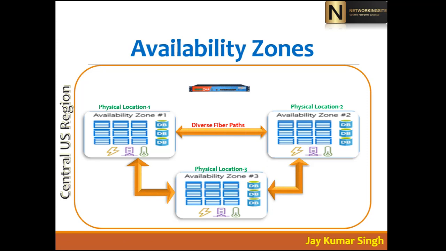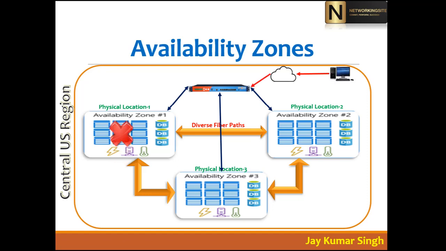And this is our load balancer. So Azure uses a load balancer. Why are they using a load balancer? If any user is coming from outside to access our server, this load balancer is connected with all the availability zones.